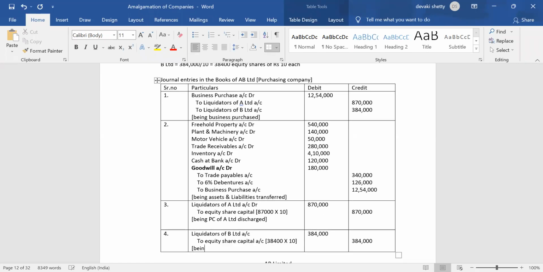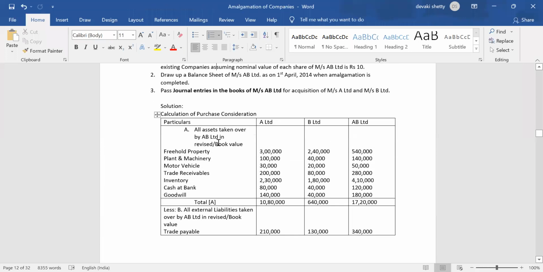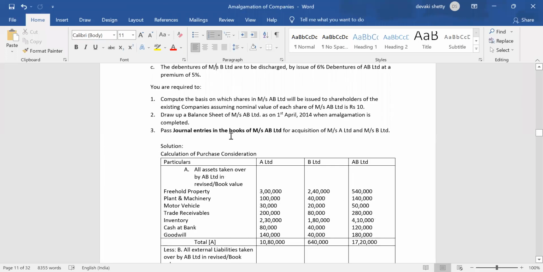Being PC of B limited discharge. Now finally, last entry, that is this debenture. इसके बदले में न्यू डिबेंचर्स दिया है. Where is it given?